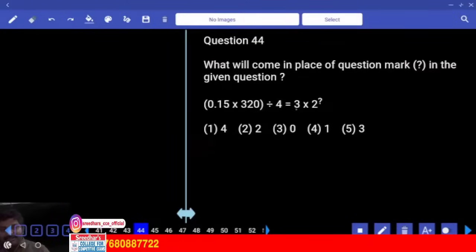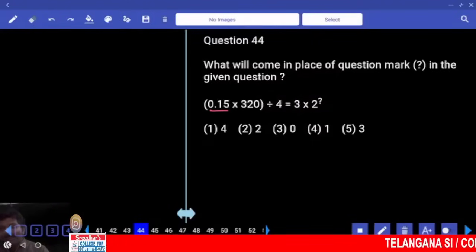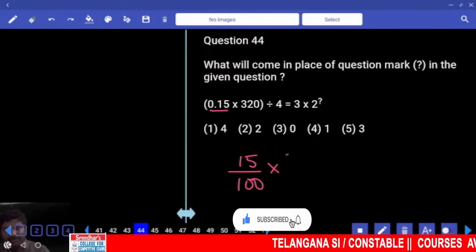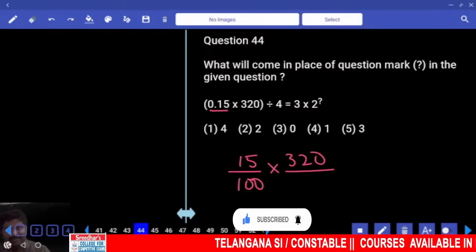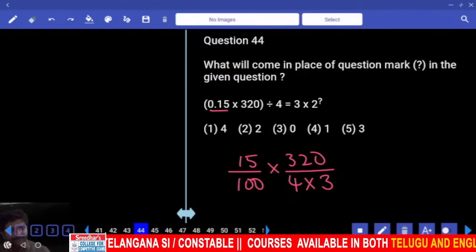Okay. Take this 3 to left hand side and it comes in denominator. Come on. 0.15, I will write it as 15 by 100 into 320 divided by 4 into 3. Got it? Right.